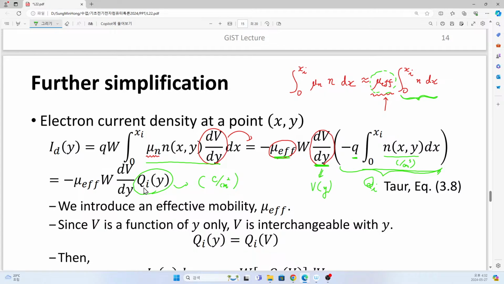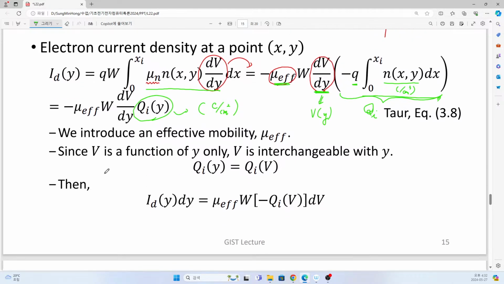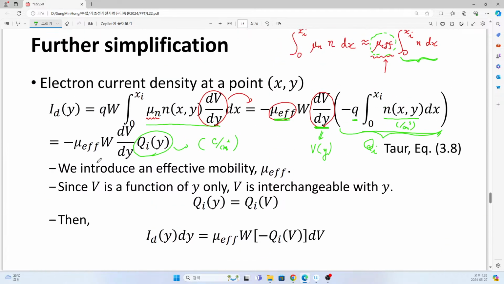Okay, so now starting from this one, we have equation 3.8, and now here we have dy. This dy can of course be sent to here, then I_D times dy is shown here, and here we have dV. Of course V and y can be interchangeable.